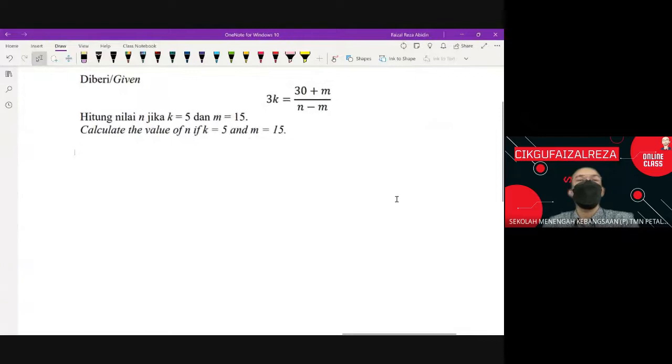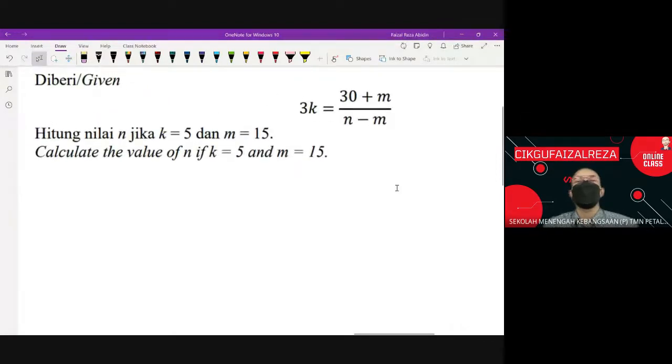Given 3k equals 30 plus m over n minus m. If given k is 5 and m equals 15, what should I do first? Do I substitute first?